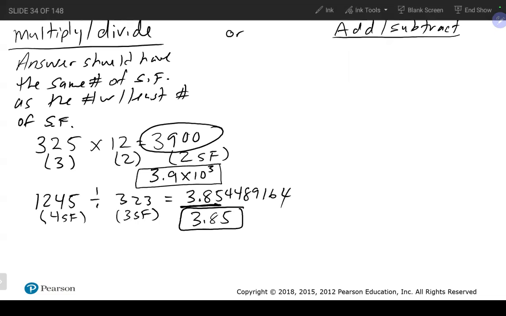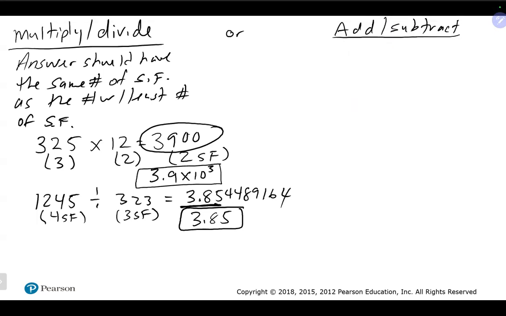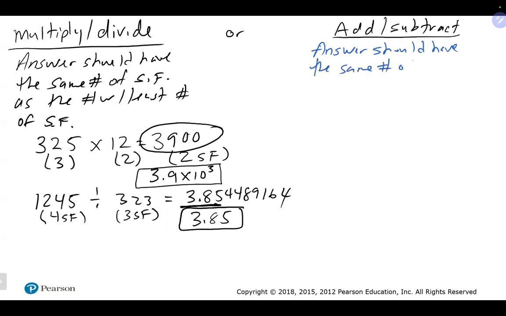Now, when we add and subtract, it is a little different. We are not looking at significant figures, but we're actually looking at decimal places. So the answer should have the same number of decimal places as the number with the least number of decimal places.